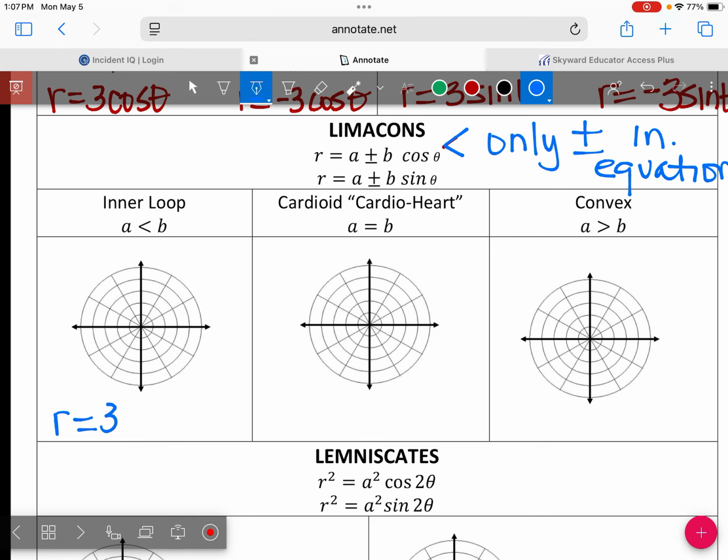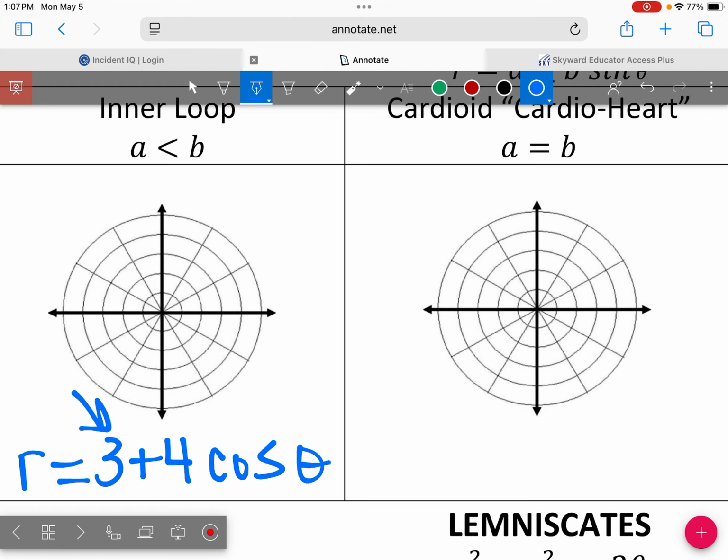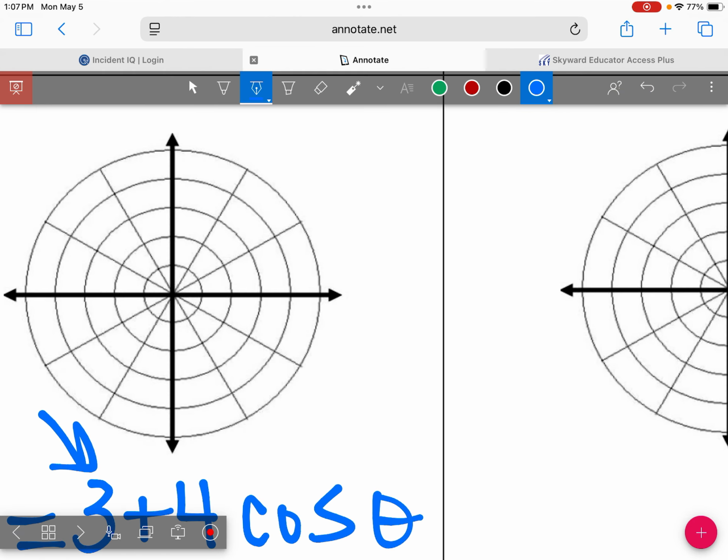So if you say, for example, 3 plus 4 cosine theta, this is kind of hard to graph though, because what this is going to give you is an inner loop. So I'm going to kind of do my best. So it's going to look like you have a little circle and then a big circle. That's what that looks like. But I have found that that's one of the harder ones for people to actually duplicate on the board, okay?